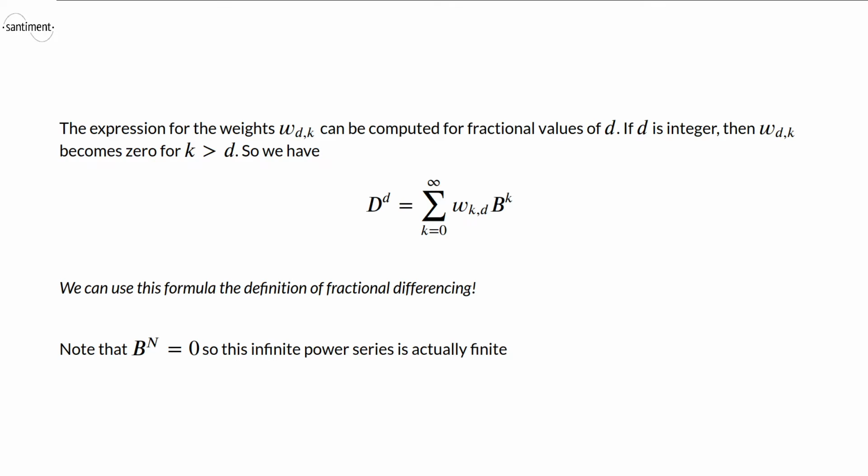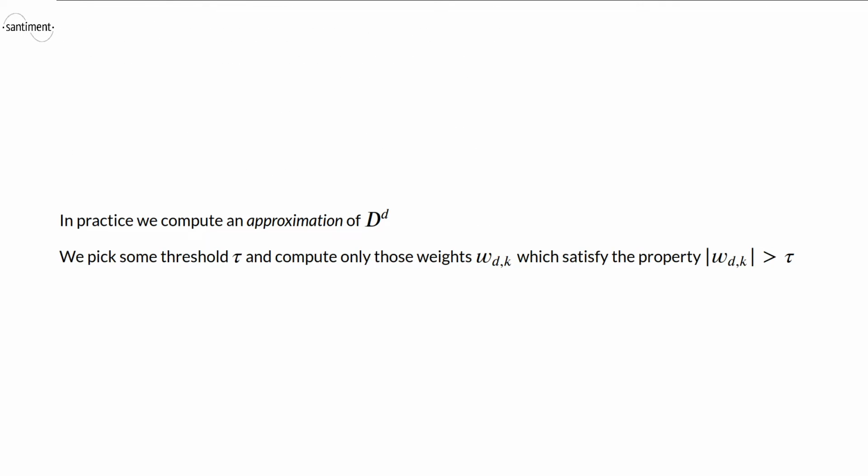But we don't really need to compute all the weights, as this can be computationally intensive, and there are some other numerical problems. Instead, we can just compute an approximation, and one approximation, which is in the book by Prado, is the following. The weights converge to 0. So we can pick some threshold tau, start computing the weights, and stop when we get a weight which is less than tau.